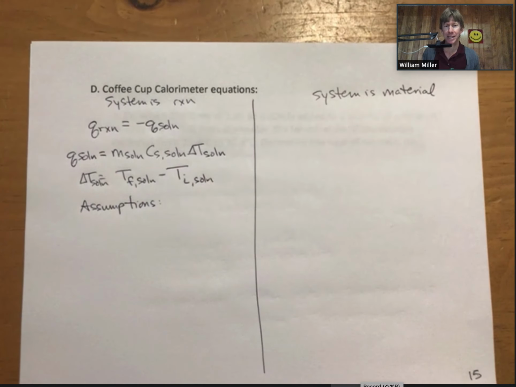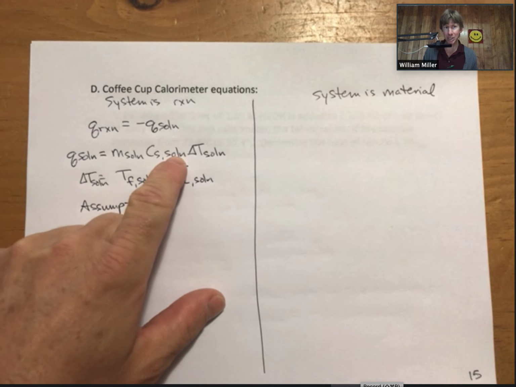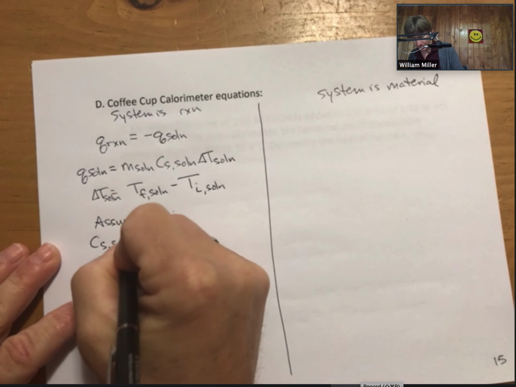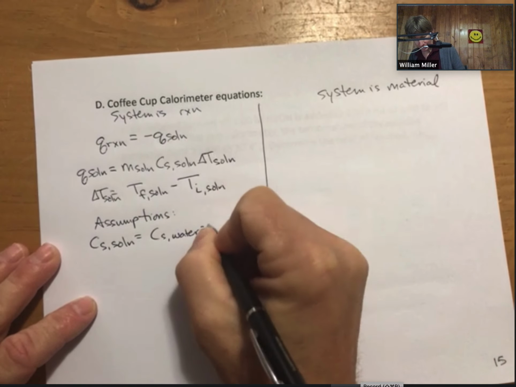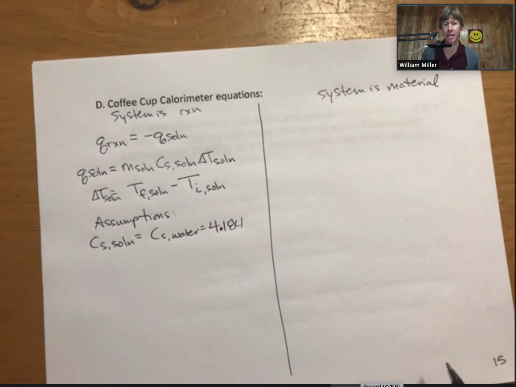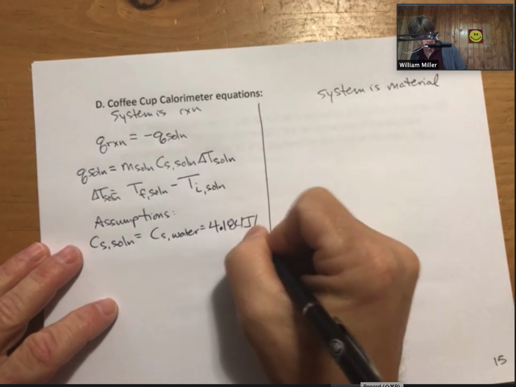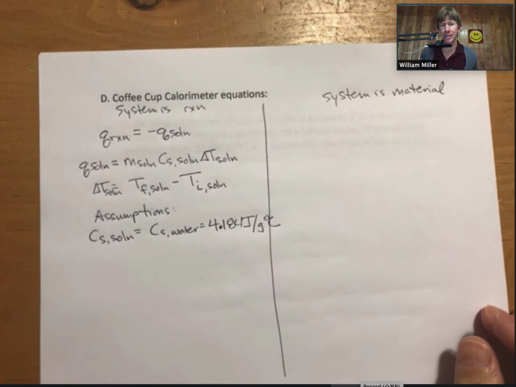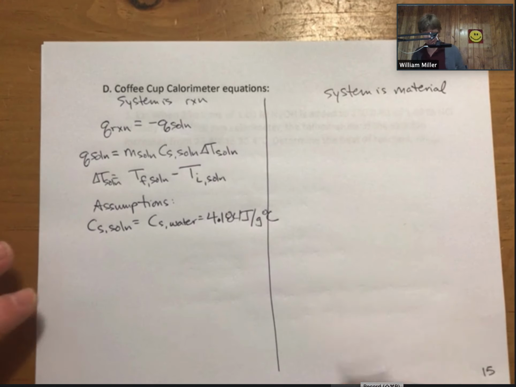One is that the specific heat capacity of the solution is equal to the specific heat capacity of water, which is 4.184 joules per gram degree Celsius. The other is that the density of the solution is the same as the density of water.